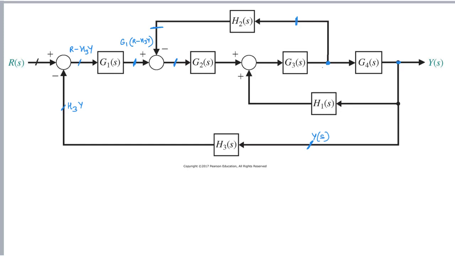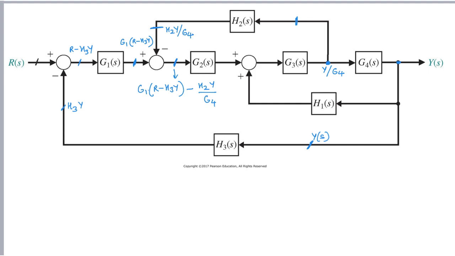So here the signal can be written as Y over G4. So this is H2Y over G4, which means the signal at this point here is G1 times (R minus H3Y) minus H2Y over G4.